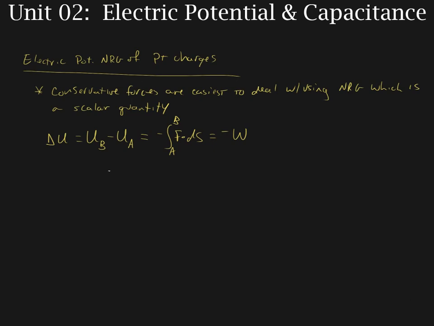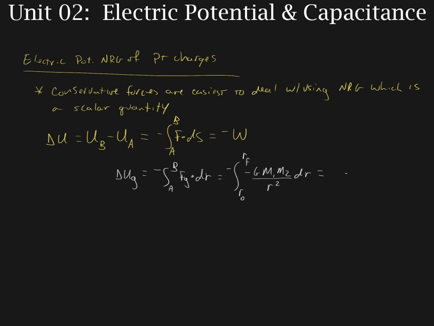So we have delta UG is equal to the negative of the integral from point A to point B of Fg dot dr, which is the negative of the integral from our initial to our final. So this would be like the surface of the Earth to maybe some other location. And universal gravitation is minus G m1 m2 over r squared dr.